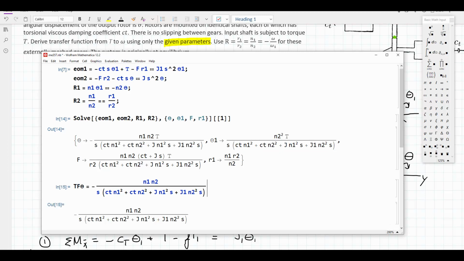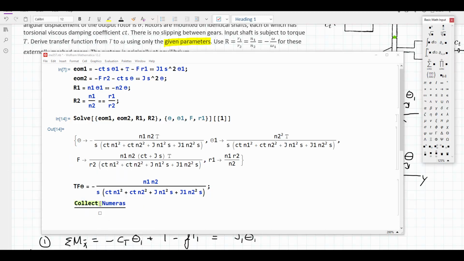Now, it's not in a great form yet, so I want it to be rewritten here, so I can use that standard collect, the numerator of TF theta and s, and then the same thing for the denominator.